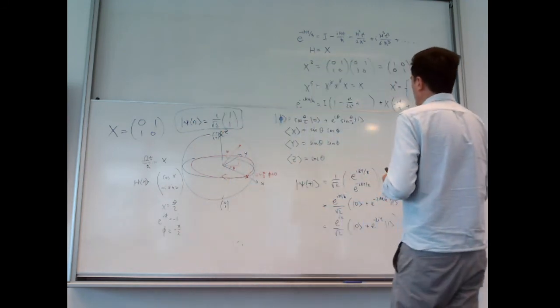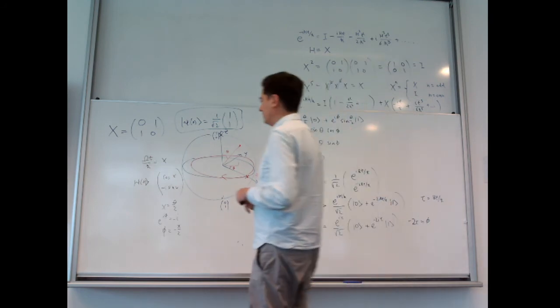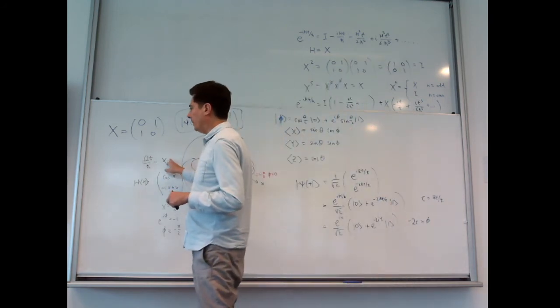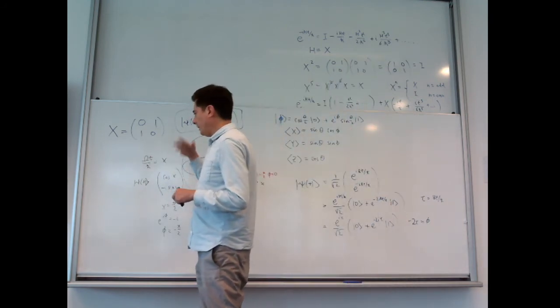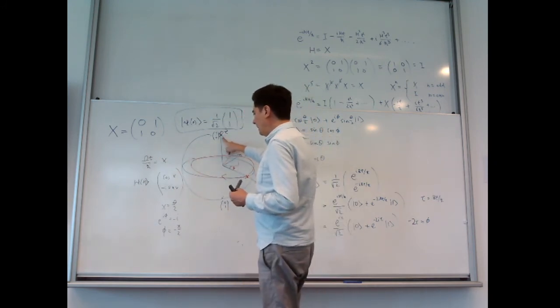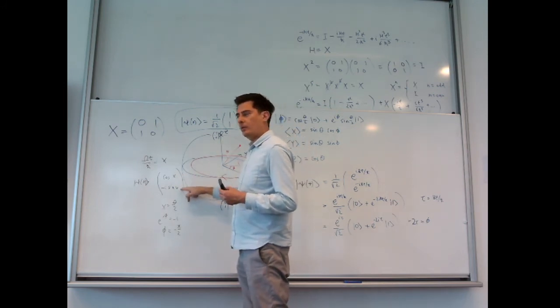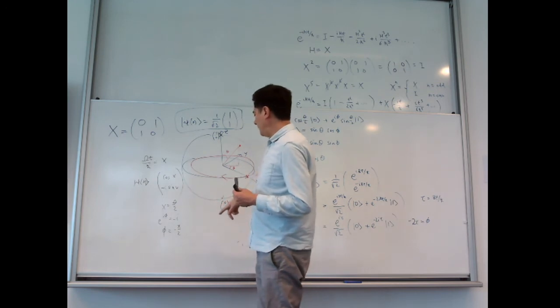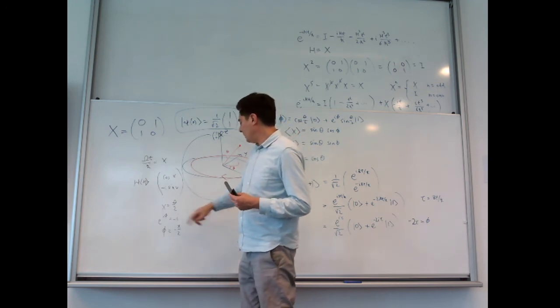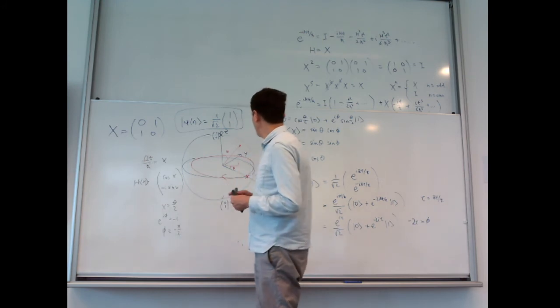So basically what happens is that as time, maybe I should call it tau again, as time goes forward, it starts up here, and when x is pi over 4, it's in this minus pi over 2 direction.